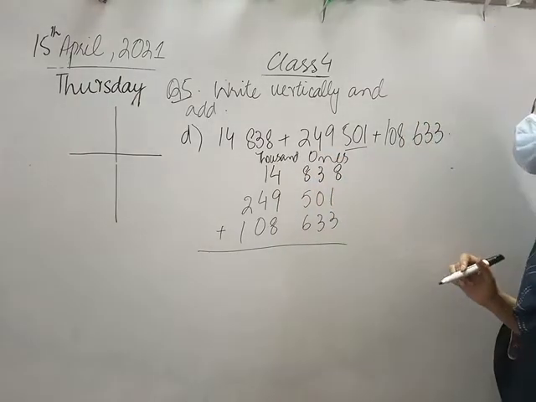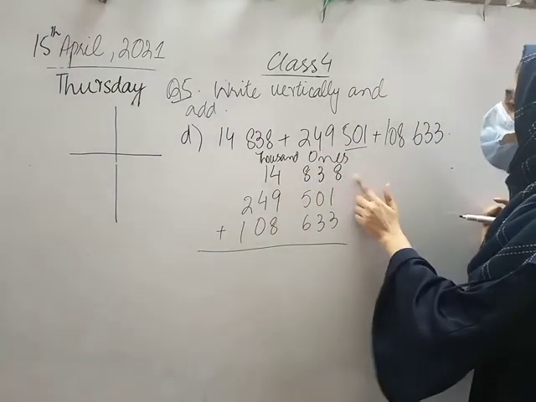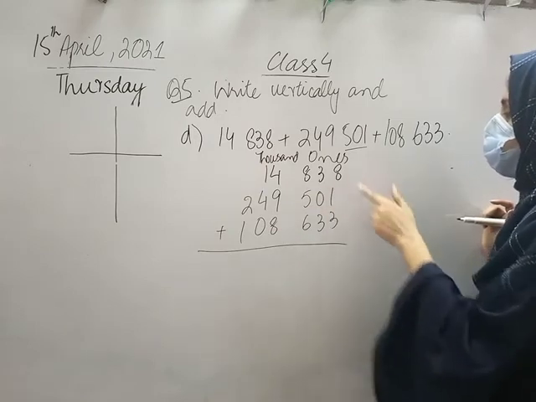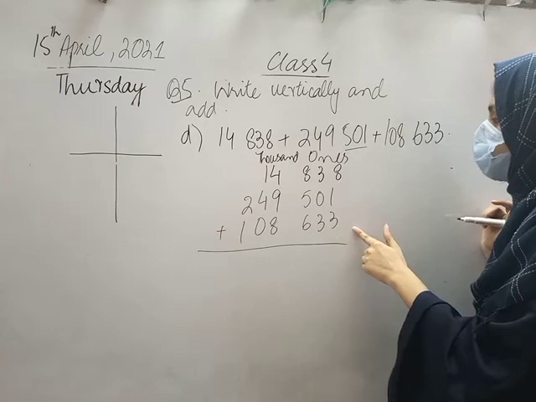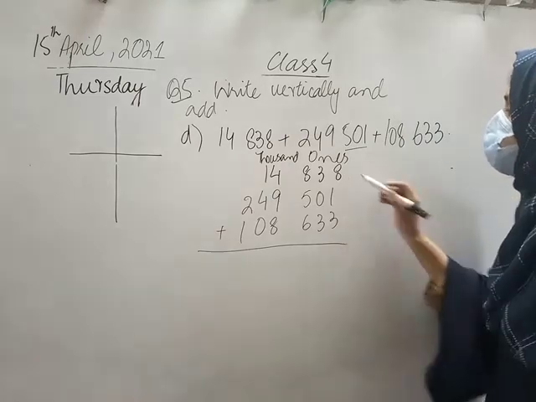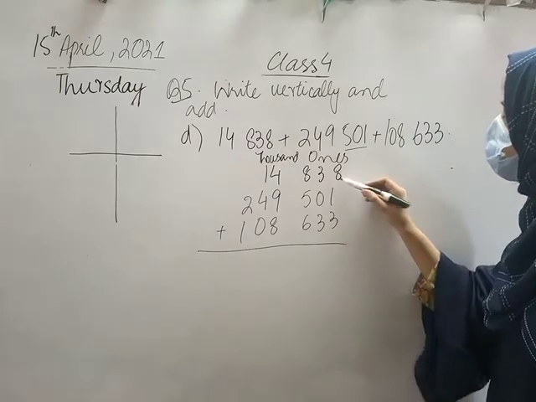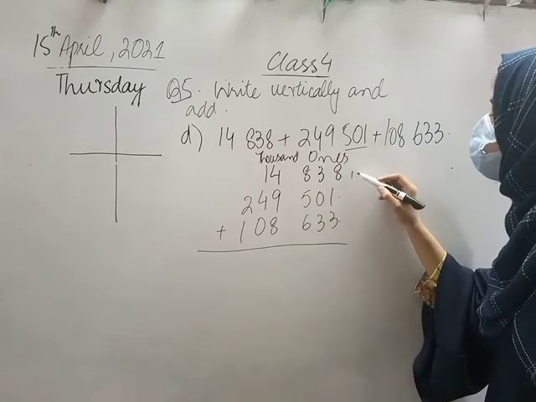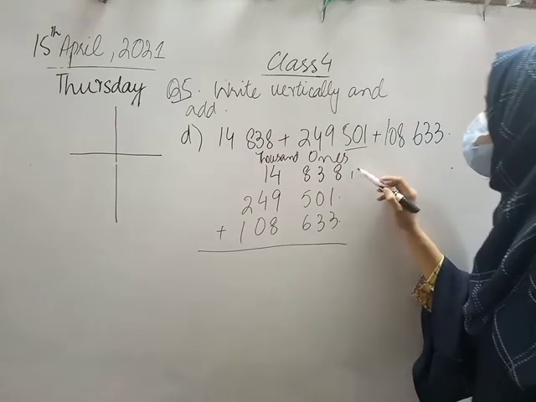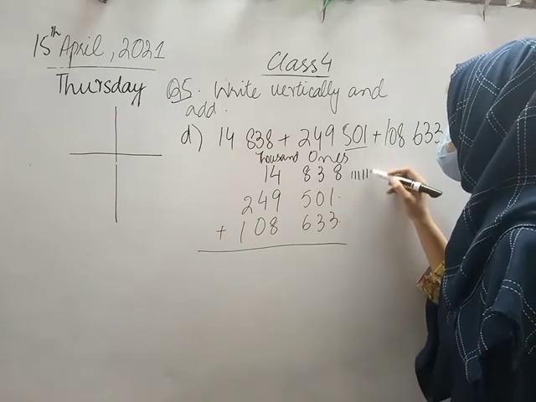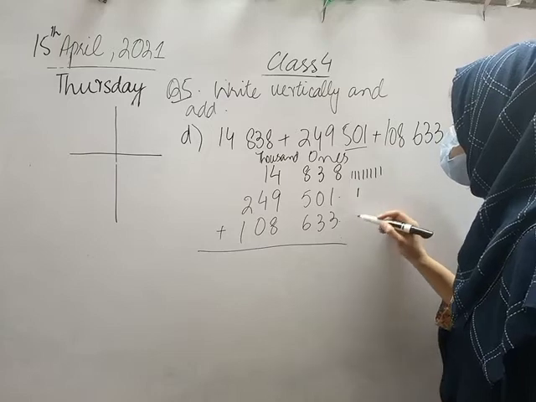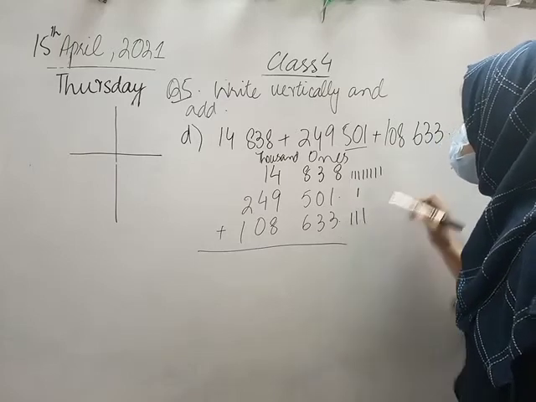Fine class? Okay. Now I am going to solve the addition of numbers one by one. I am starting from this side, which is the right side. Now 8 plus 1 plus 3. So 8 is upper, 1 is middle and 3 is lower.